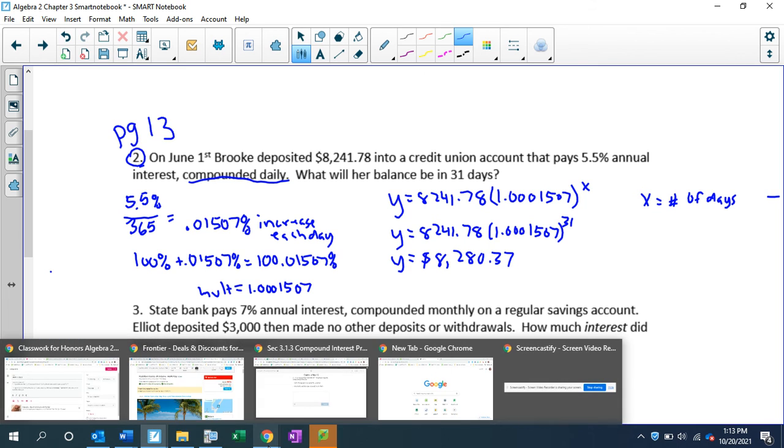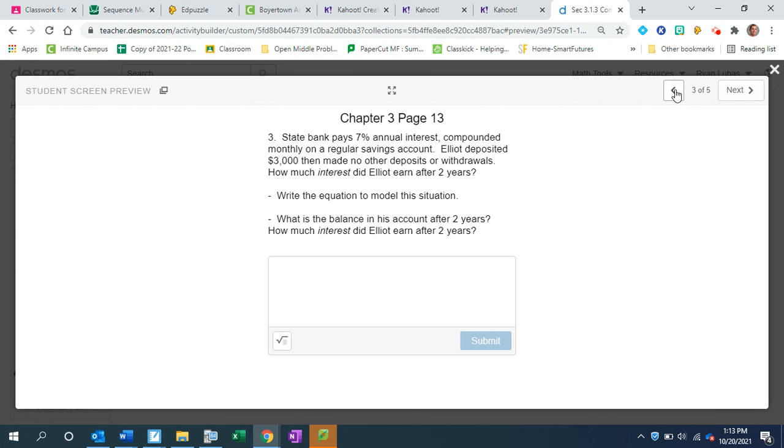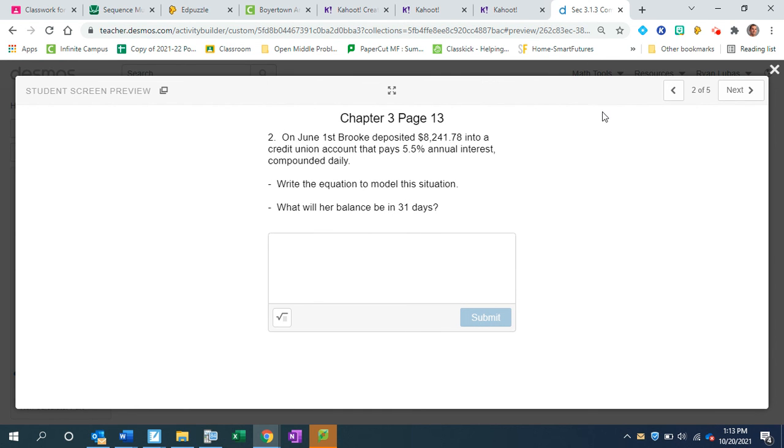And then if you look at the Desmos activity that goes along with this, this would be number 2 here. What I expect you to type in, you can go ahead and use this as your math type: y equals $8,241.78 times 1.0001507 to the x.